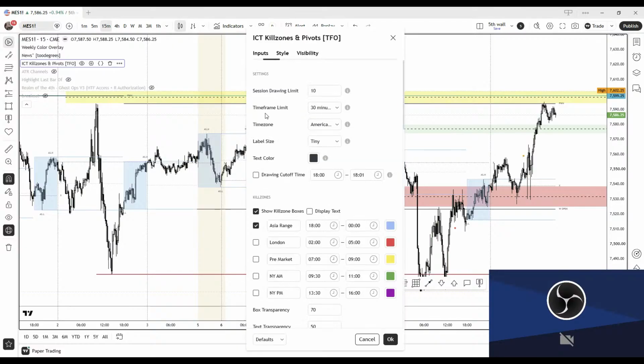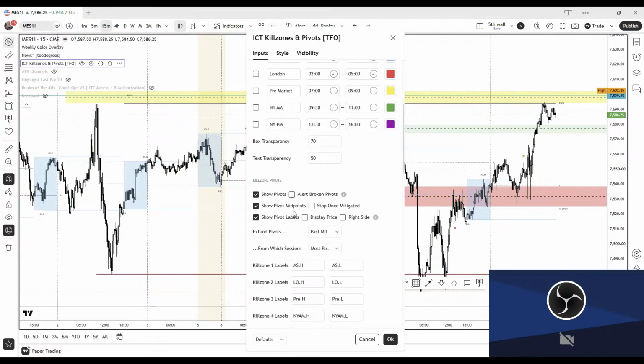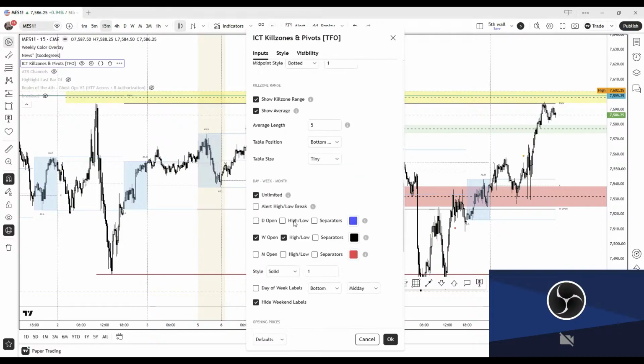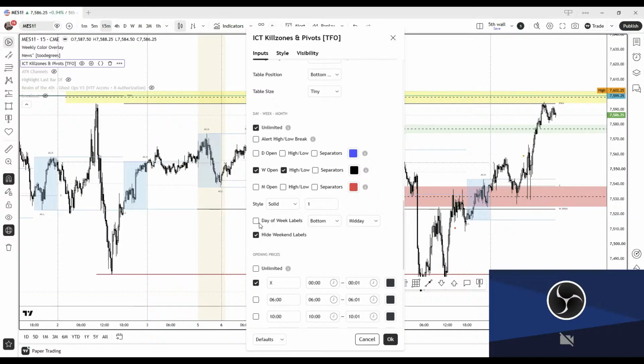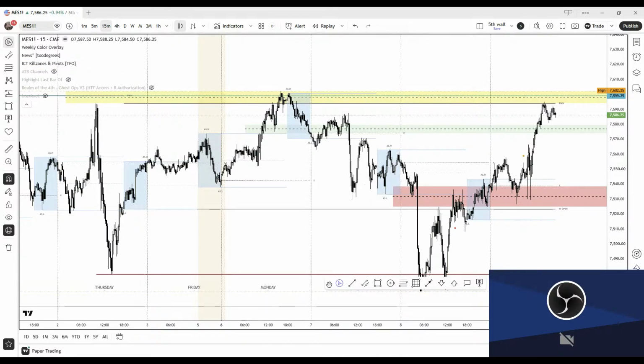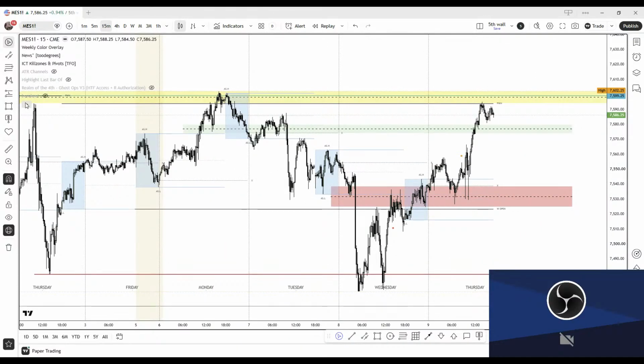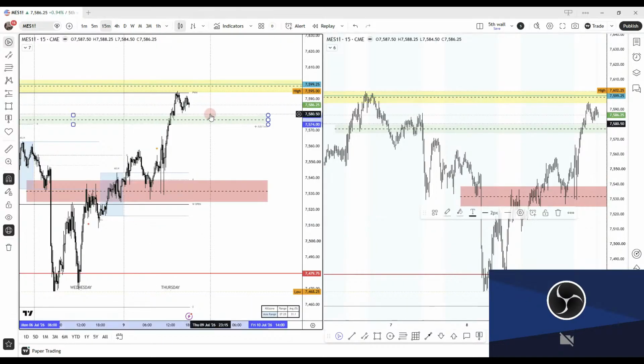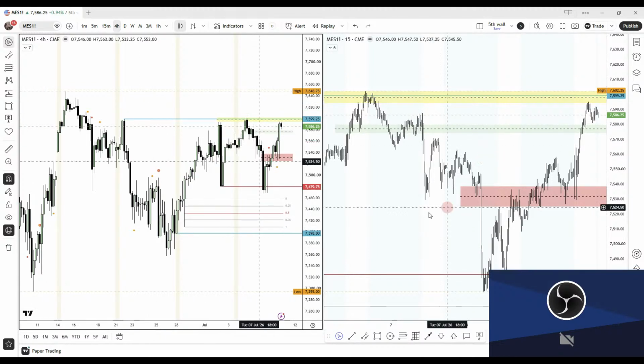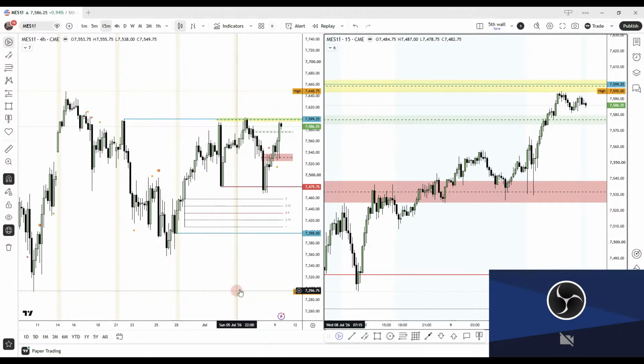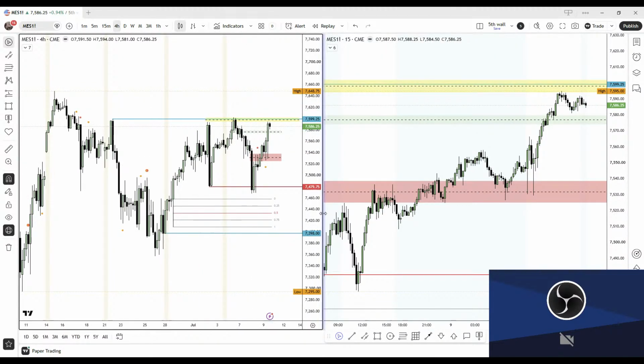Indicator can actually put the days of the week. Okay, so we have that down here, Monday, Tuesday, Wednesday. Today's Thursday. And actually we can do this. We can make this 4 hour, leave it there, and we can work off of this chart here. And let's just make that like over there.